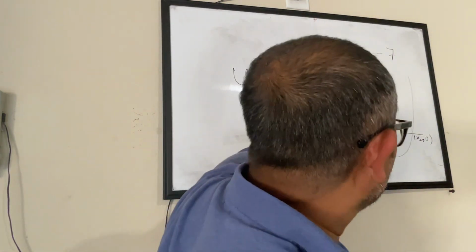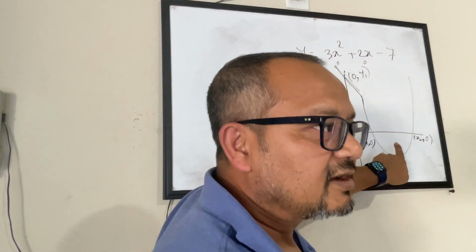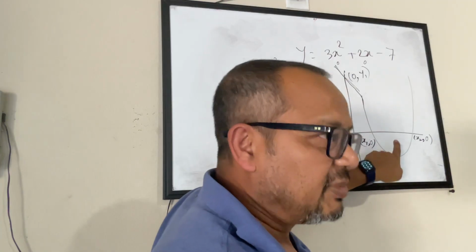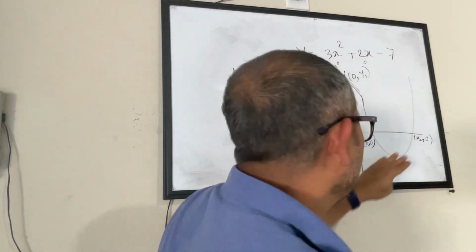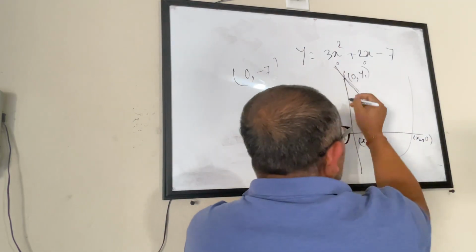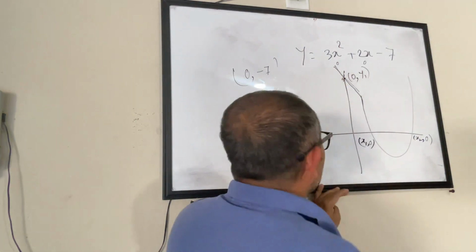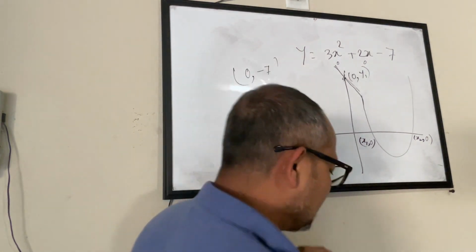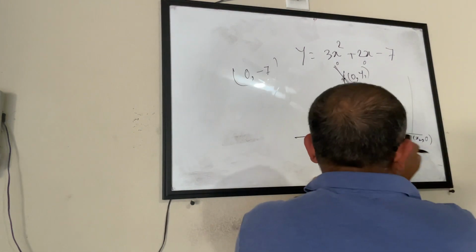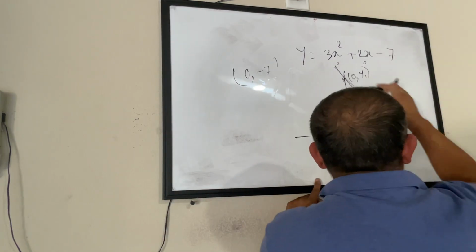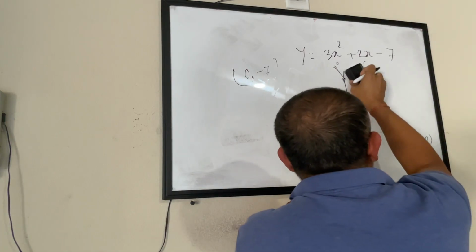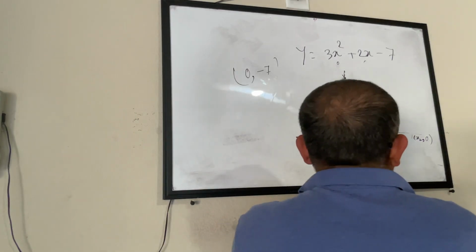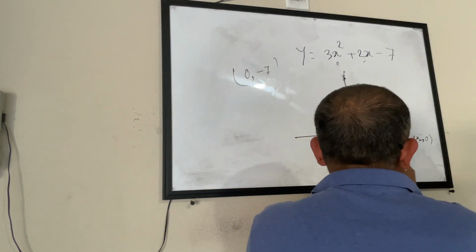So now, whatever I did here was not correct. Pictorially, I'm saying that y is positive, but from this equation, it comes as -7. That means maybe my parabola is touching here.